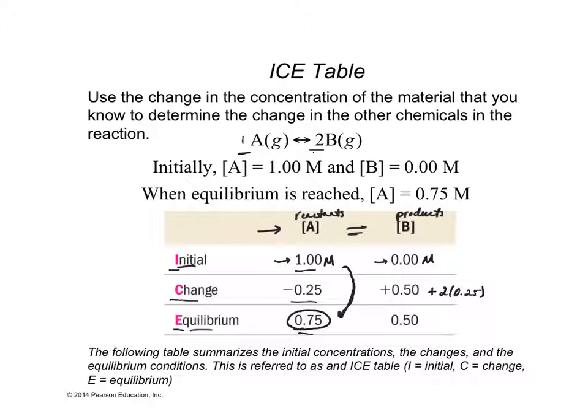So then, if it goes from 0 and it gains 0.5, then at equilibrium, it has a concentration of 0.5, okay? So again, I'm going to go through this in another problem to really hit home how you're going to go about answering these types of problems.